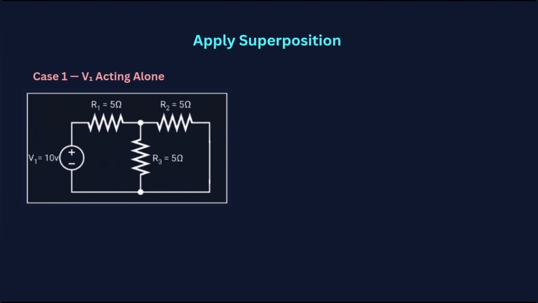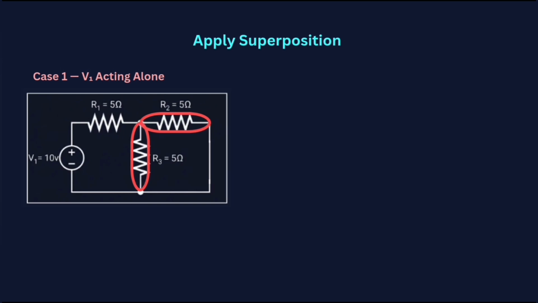Now our goal is to find the current through resistor R3. To find this current, we can first find the voltage across resistor R3 and then use Ohm's law. Since R2 and R3 are connected in parallel, they have the same voltage across them.